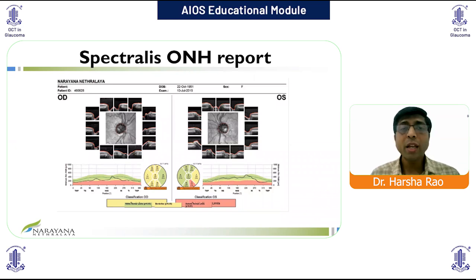And unlike the rim area and the average cup disc ratios, which are provided by the other OCT machines, the optic nerve head parameter evaluated in Spectralis is called the minimum rim width or the MRW, which is evaluated in detail in 6 sectors, and a T-SNIT profile of the minimum rim width is also provided by the machine on the reports.